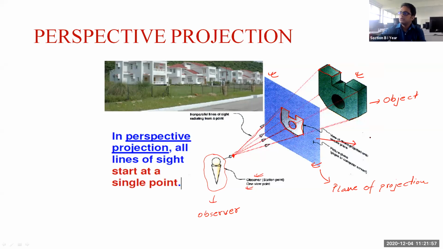The projection we received here is smaller in size. If we keep the plane of projection behind the object, the image you obtain will be of bigger size. So this is the problem with this projection method, perspective projection.